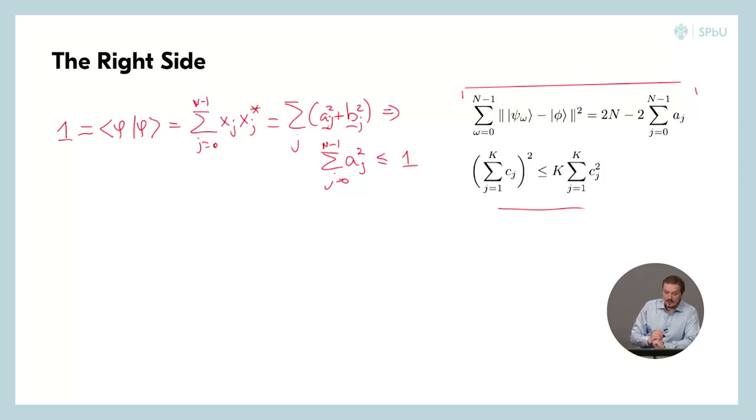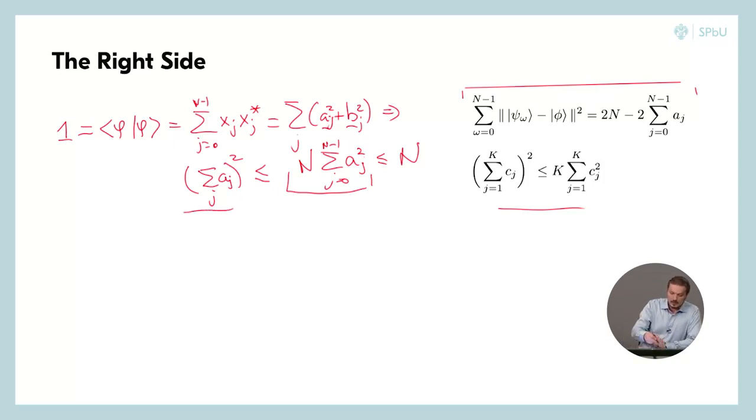Now we can multiply this inequality by n, get this. And to this we can apply our lemma here, so it will be greater or equal than the sum over all j of aj, and the whole sum squared.